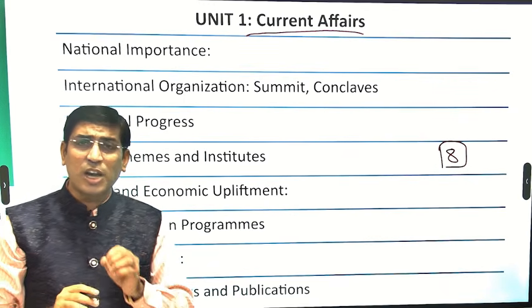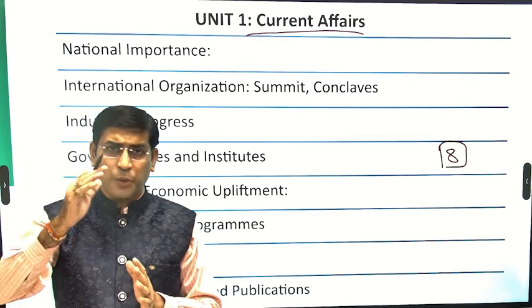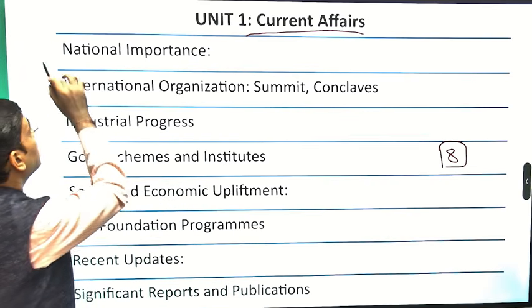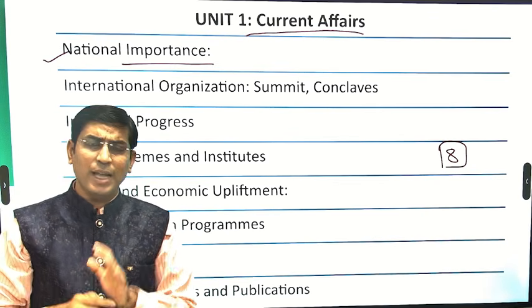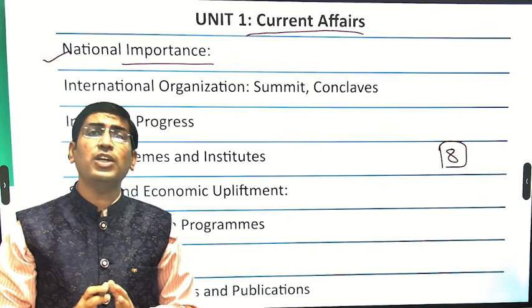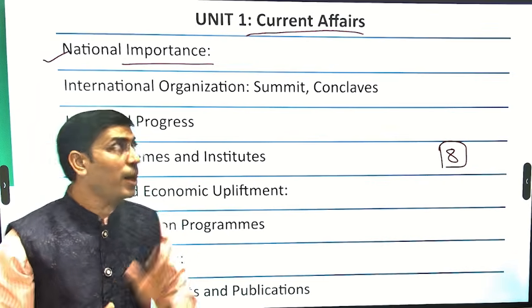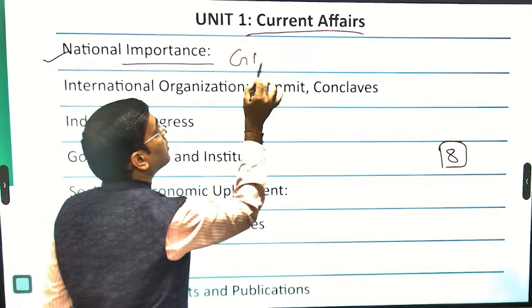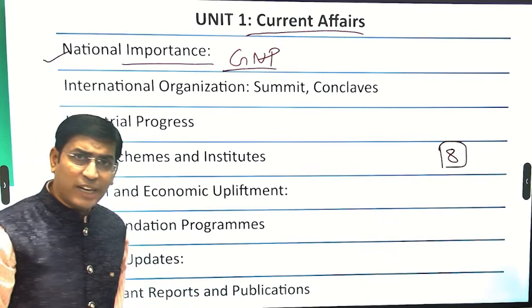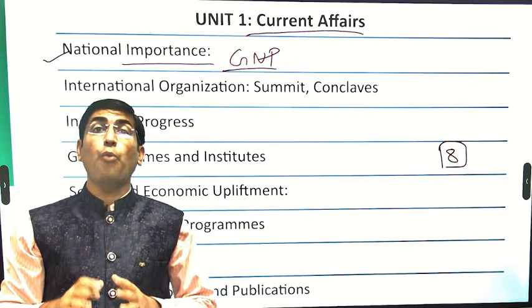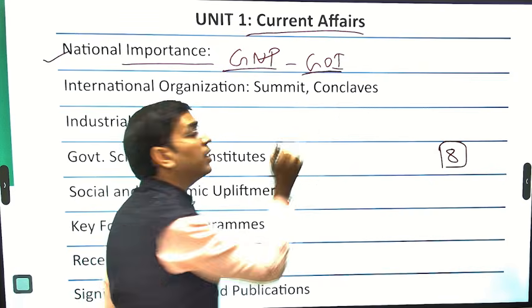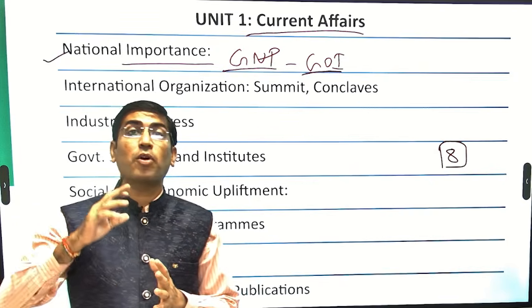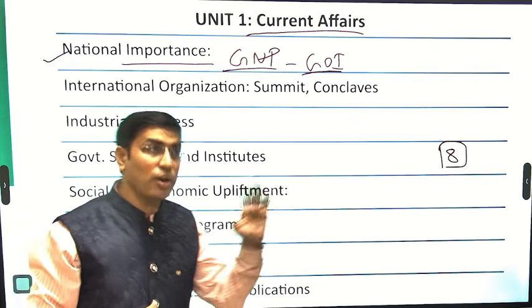Current affairs, general knowledge. Here I try to correlate the things in some simple points from the national importance point of view. Specifically, the different strategies applied to increase the gross national product of the country, the GDP of the country, with the helping hand of some of the important government of India schemes which are particularly there.